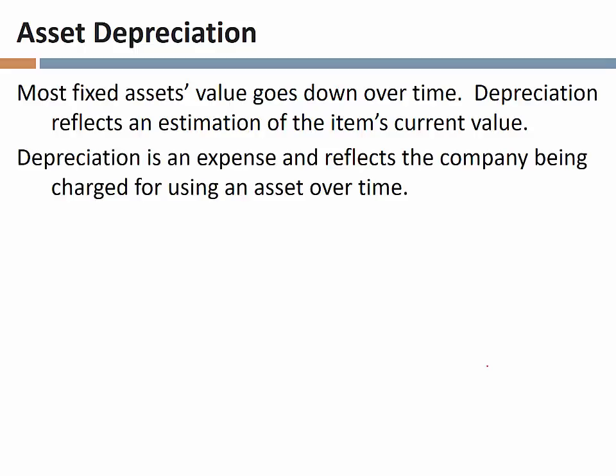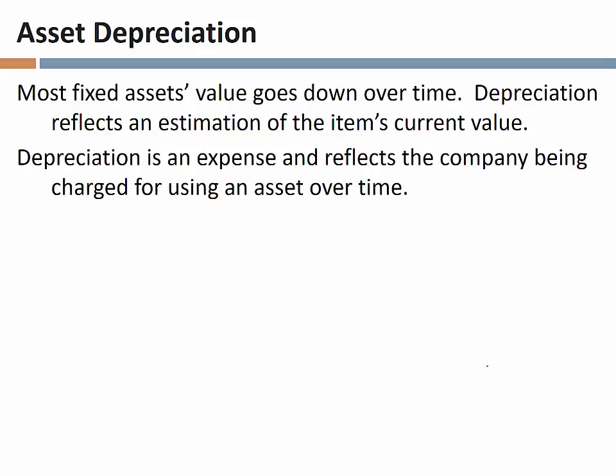Depreciation is an expense, and it basically reflects the company being charged for using that asset over time. For example, if I bought a laptop and at the time I bought it, I paid $2,000. And here we are 6 months later, and I would say that the value of that laptop is now $1,500.